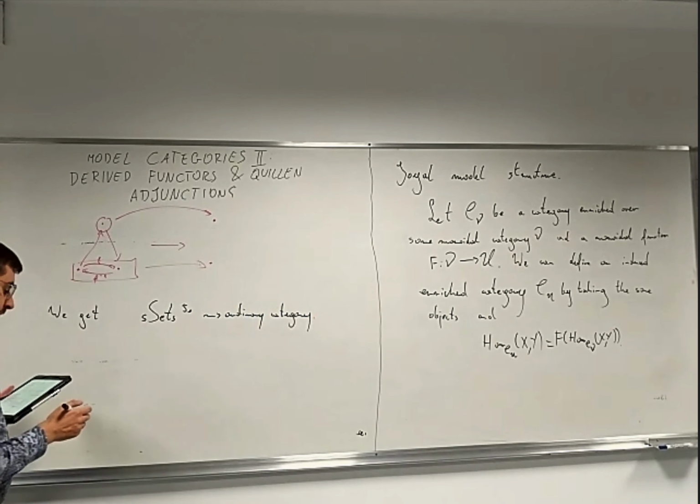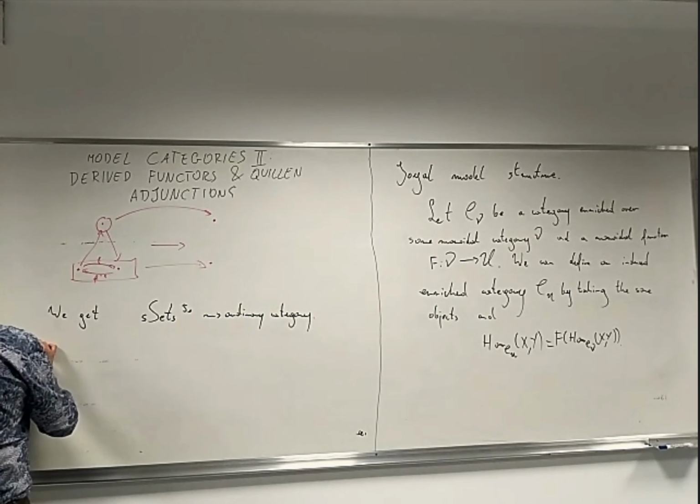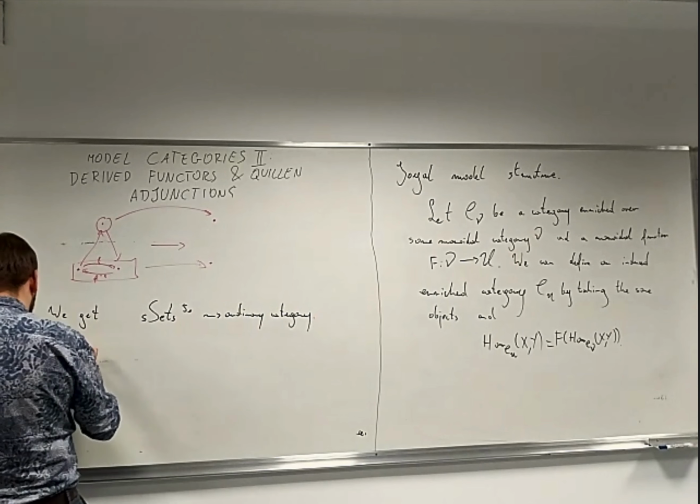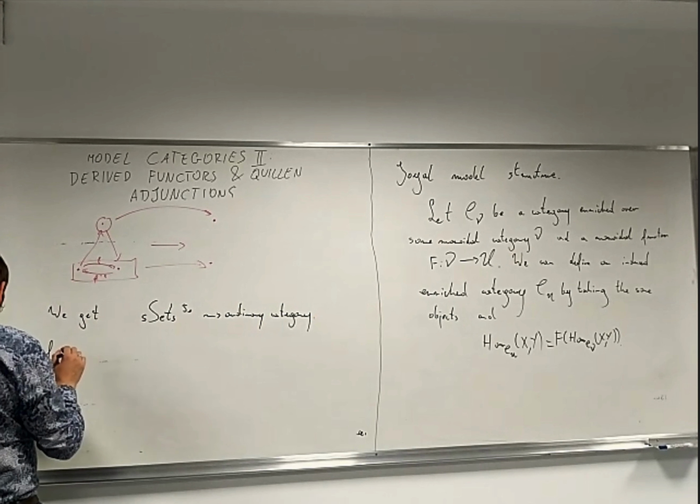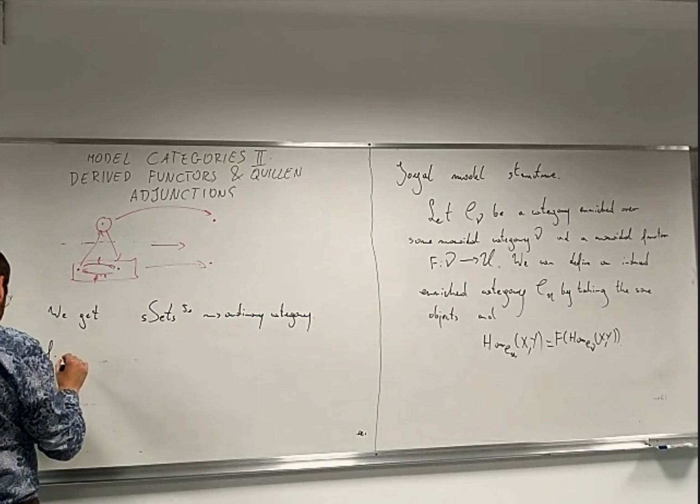So now, this will be the definition of a weak equivalence in the Joyal model structure.